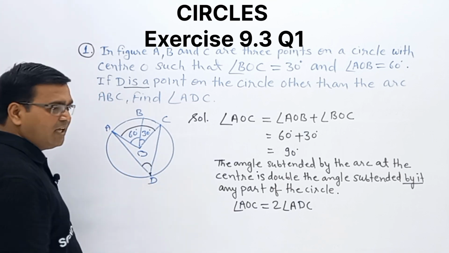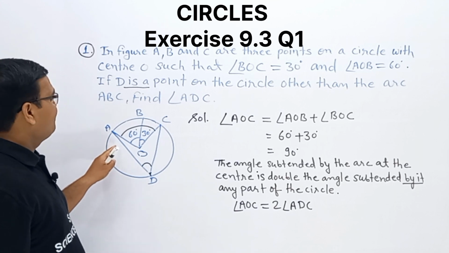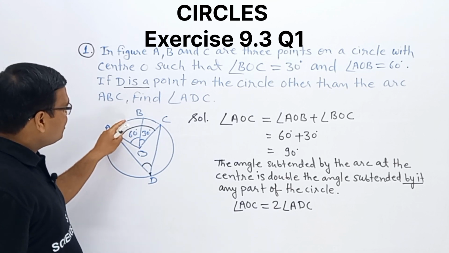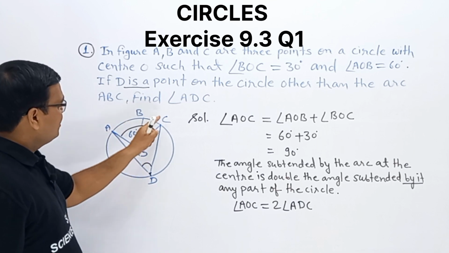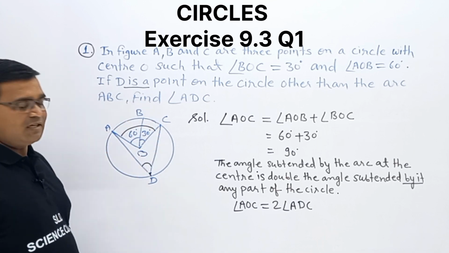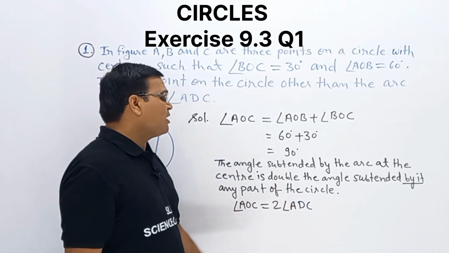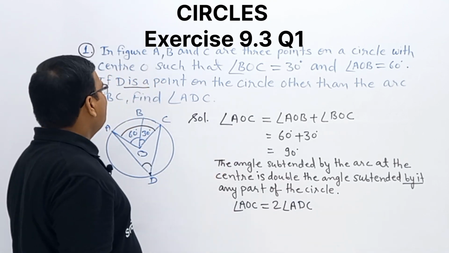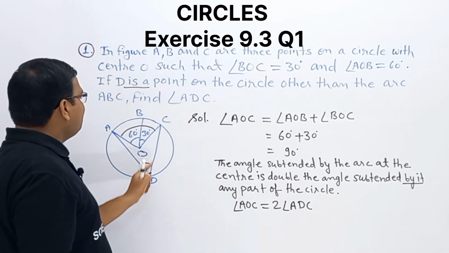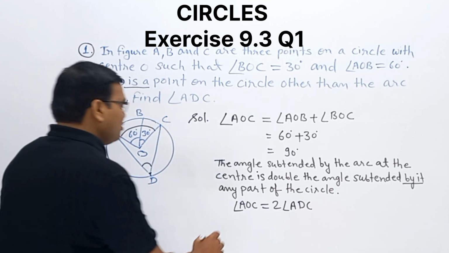So angle AOC equals 2 times angle ADC. We have AOC, and we require ADC. ADC we want to find.